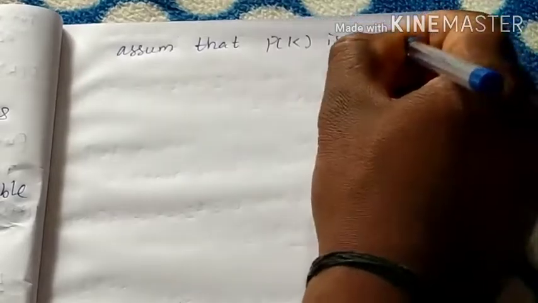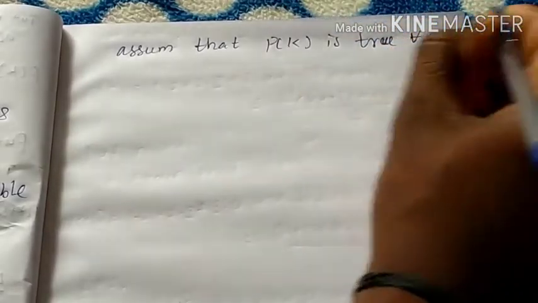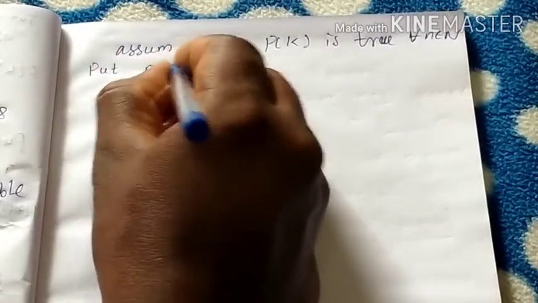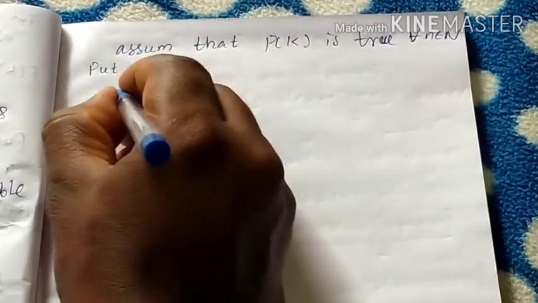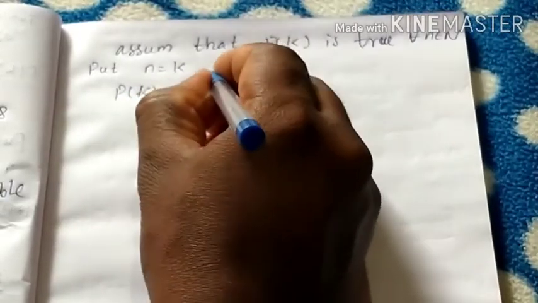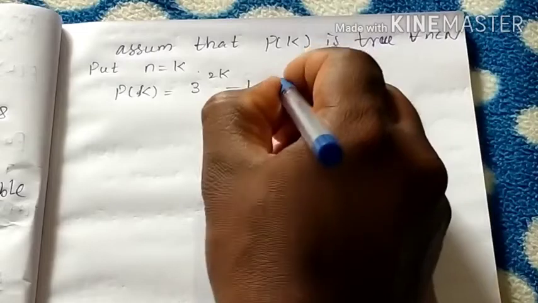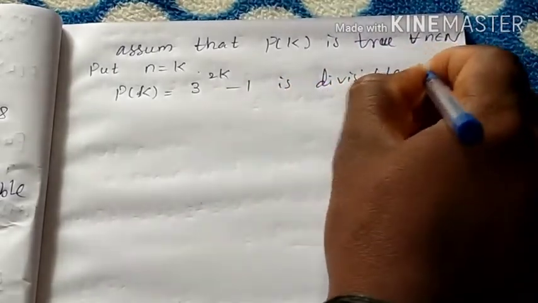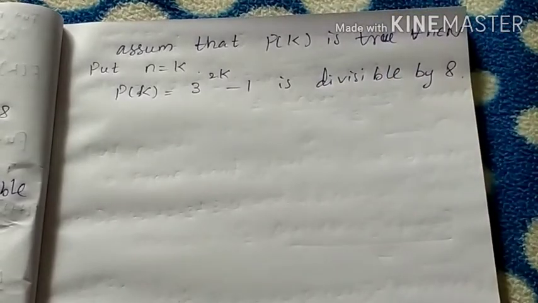Next, assume that P of k is true for all n belongs to N. So put n is equal to k. So P of k equal to 3 power 2k minus 1 is divisible by 8. This is our assumption.